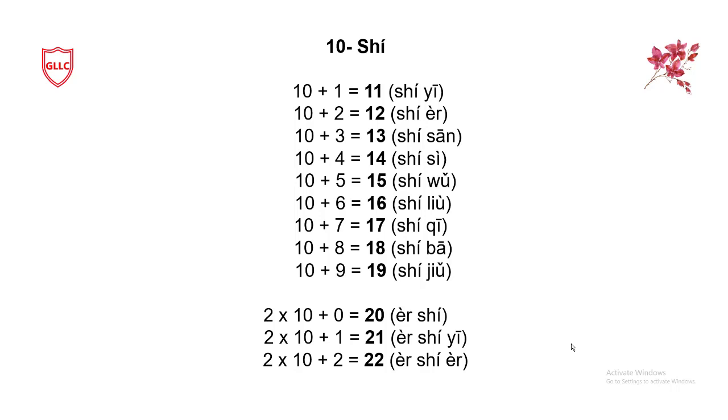And then 10 plus 3 will be called 十三. So you can start the counting again with the 10, like 十一, 十二, 十三, 十四, 十五, 十六, 十七, 十八, 十九. Till 19 it is the same, you can see it.